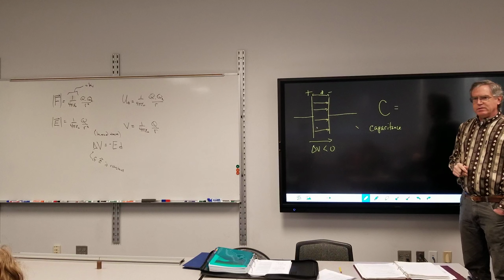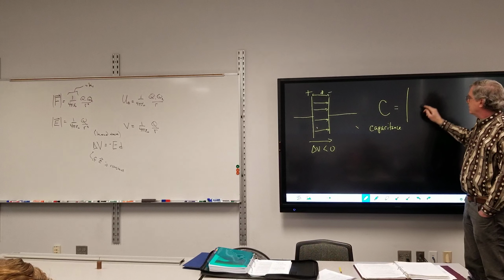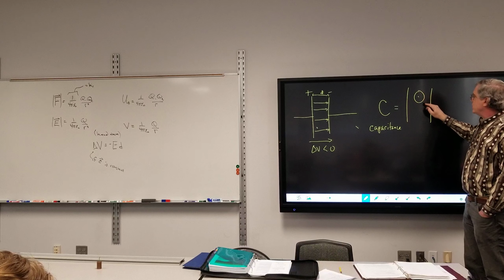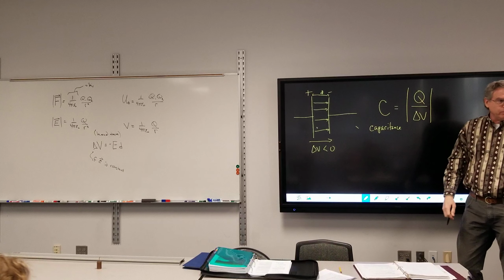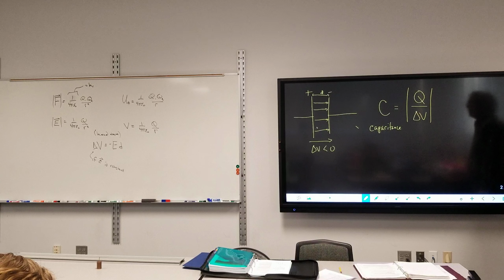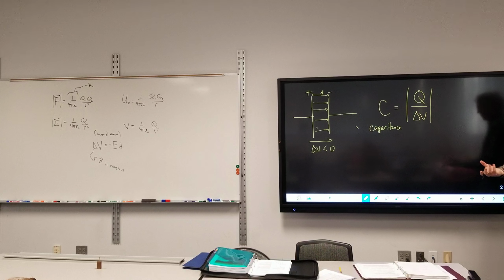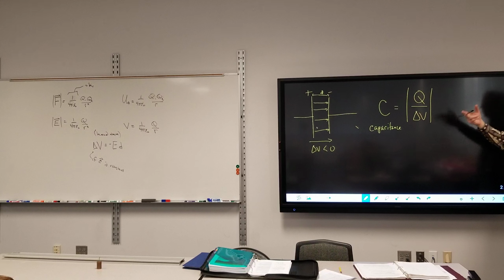It is defined as how much charge I can put on the plate per unit voltage. So the less voltage I need, in other words the smaller powered battery I have, the more charge I can put on it, the greater the capacitance.